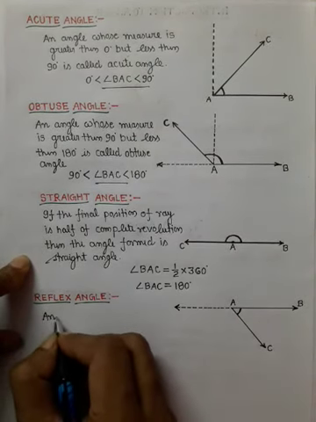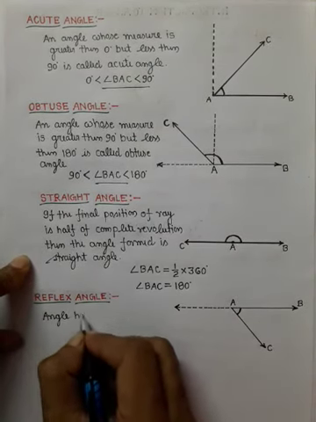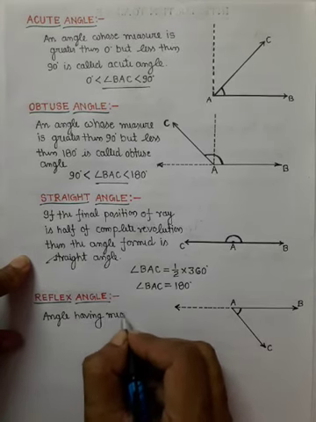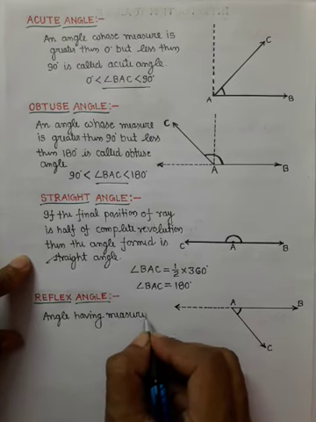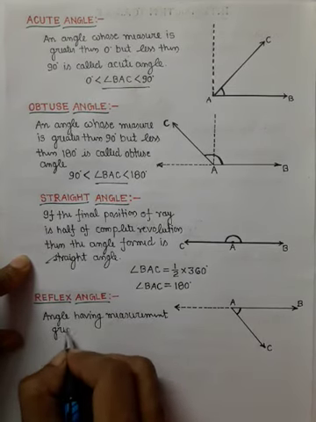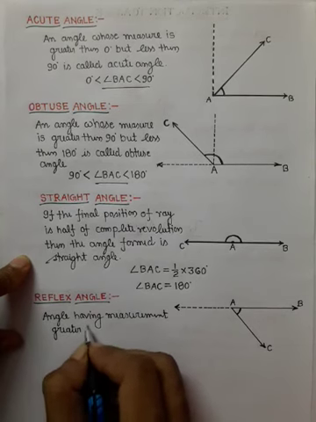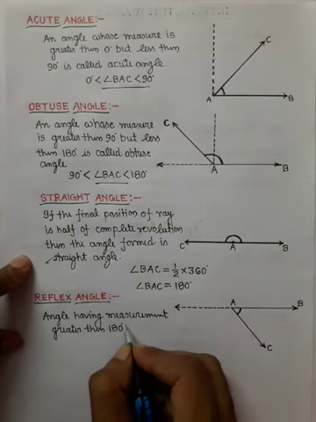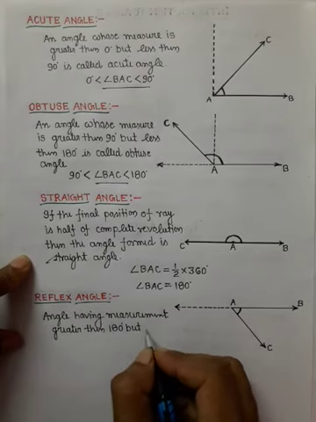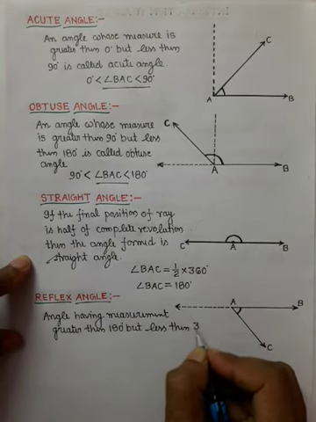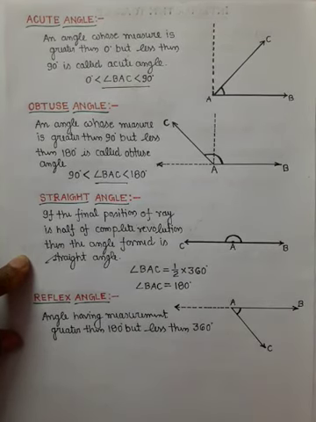So the angle having measurement greater than 180 degree but less than 360 degree is called reflex angle.